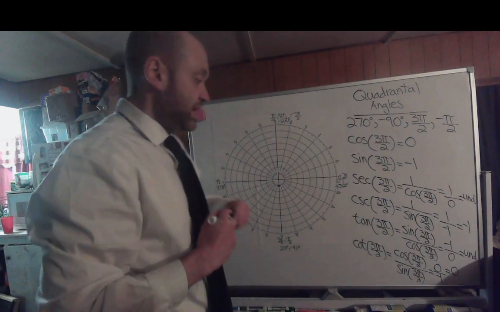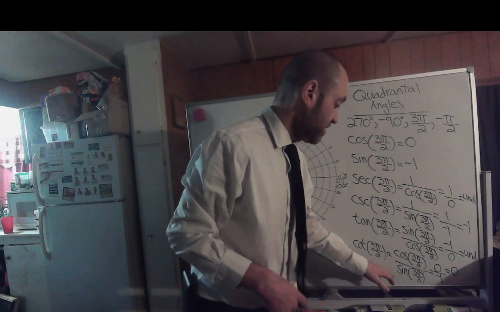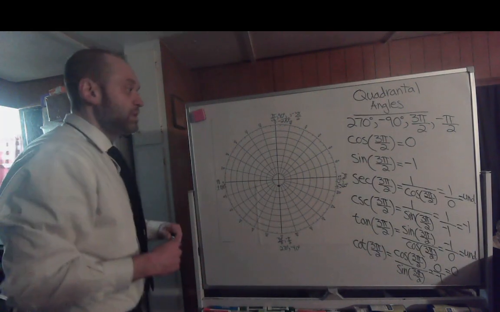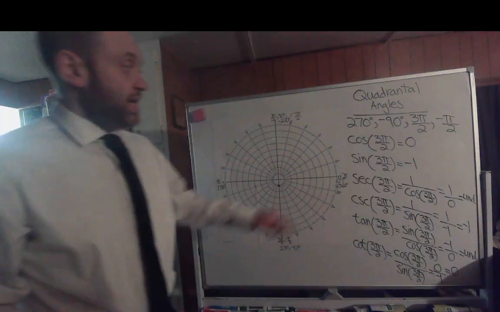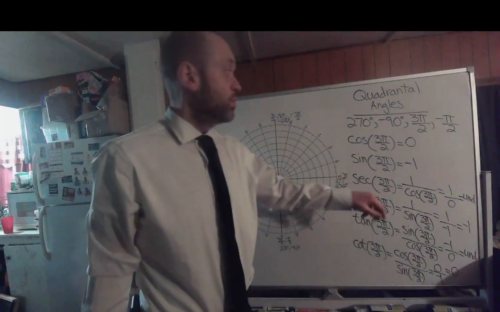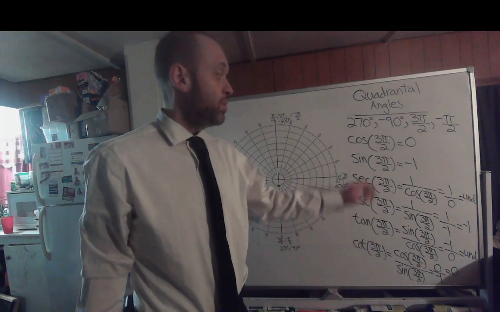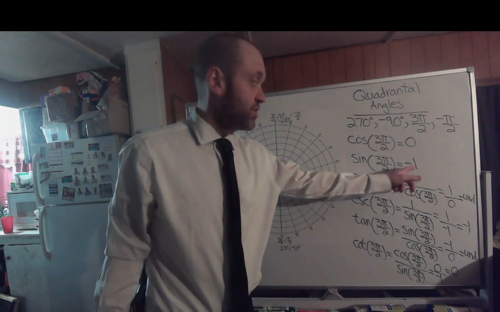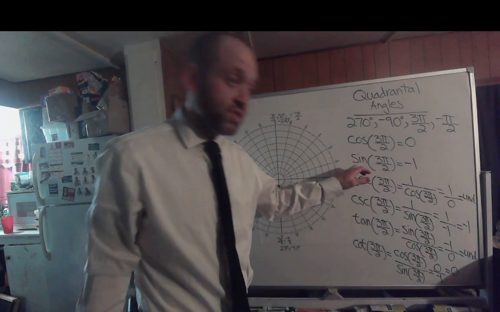So at 3 pi over 2, the cotangent is 0. So the x-coordinate at 3 pi over 2 is 0, which would be your cosine. The y-coordinate at 3 pi over 2 is -1, which would be your sine.